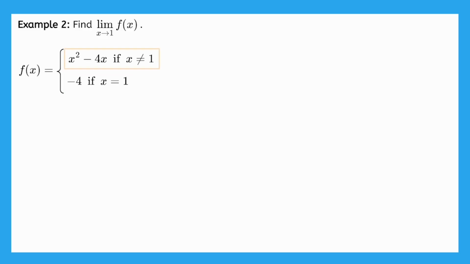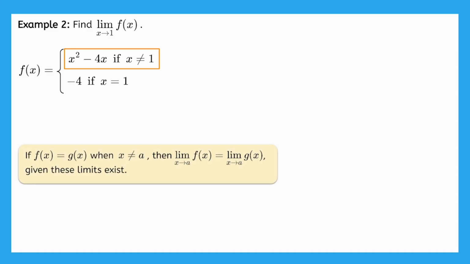Therefore, since the function x squared minus 4x coincides with f everywhere except at x equals 1, the limit of f of x as x approaches 1 is equal to the limit of x squared minus 4x as x approaches 1, which we can evaluate using direct substitution. We find that the limit equals negative 3.